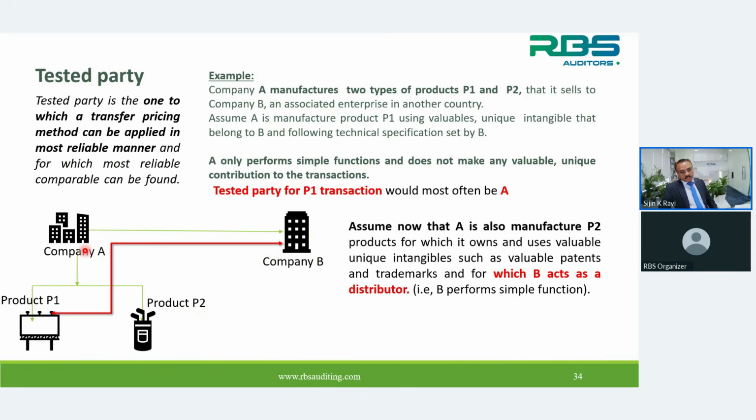It's entirely manufactured by company A, and company B is the distributor. In that case, the tested party for product P2 will most probably be B, because it's a simple transaction. So tested party means the most reliable transaction, where you can do an adjustment. That is what a tested party is.